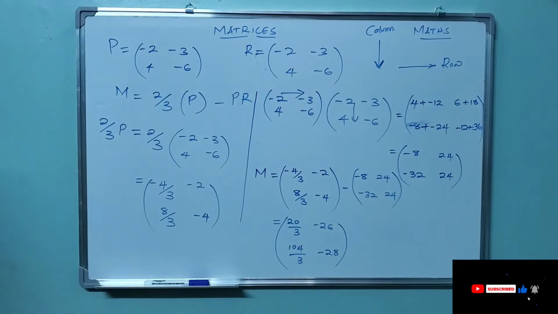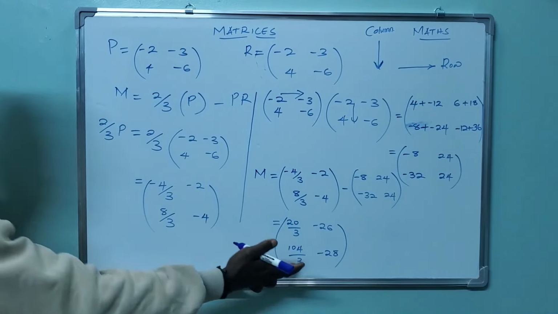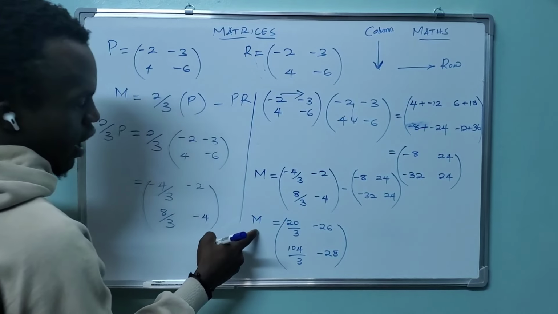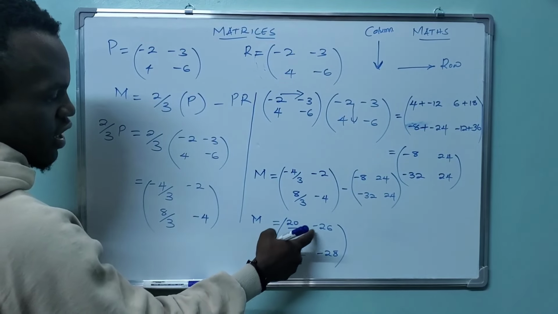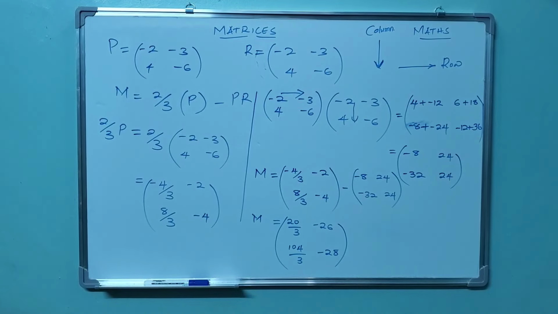And that is our answer for the value of P. So that is the value of M because we were told to get M. So M equals 20 over 3, negative 26, 104 over 3, then negative 28.